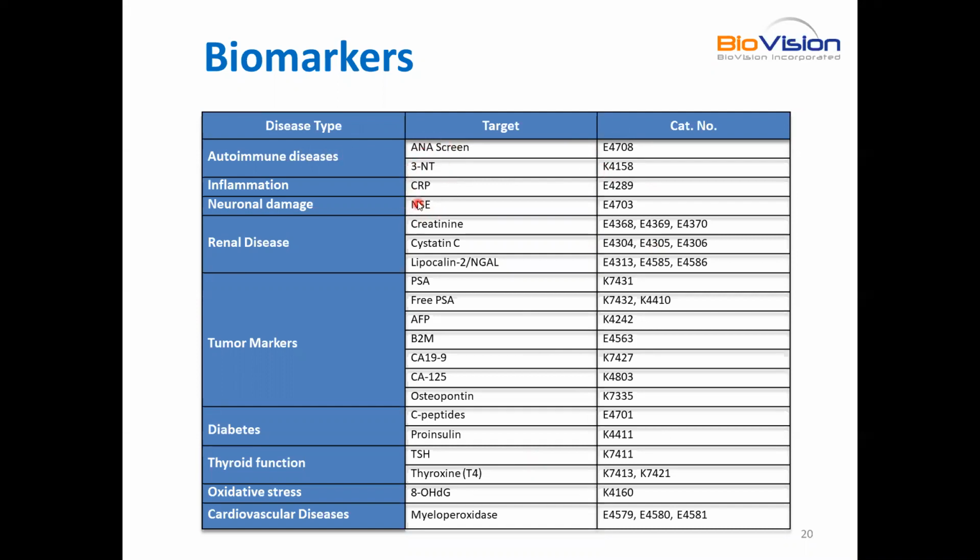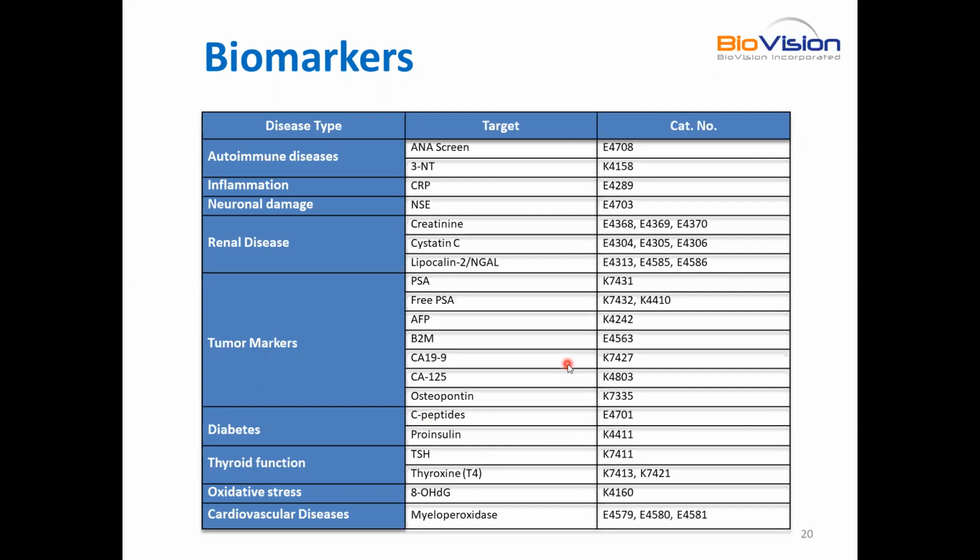We do offer a CRP protein detection kit, which is a biomarker for inflammation, NSE, which is a biomarker for neuronal damage, and creatinine, cystatin C, and NGAL, which are biomarkers for renal diseases. So this is the list of diseases and biomarkers that we offer for their detection. This is the list of some of our good selling products.